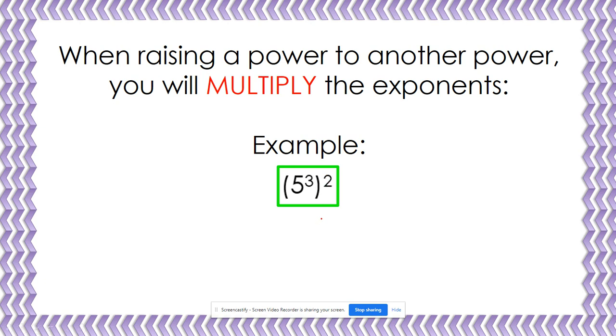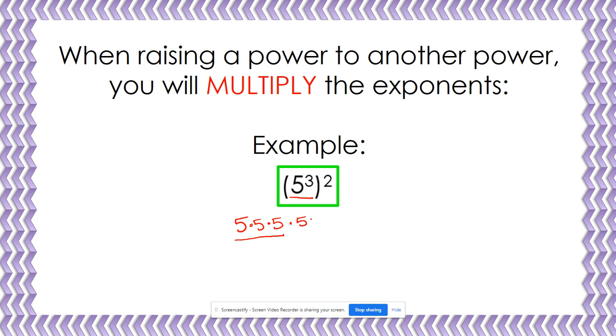To understand why we're multiplying the exponents, you have to understand what 5 to the third power means. 5 to the third power means that we're doing 5 times 5 times 5, or 5 times itself 3 times. This second power tells me to take this and do this twice. So it wants me to do 5 times 5 times 5 2 times, or multiply this by itself.